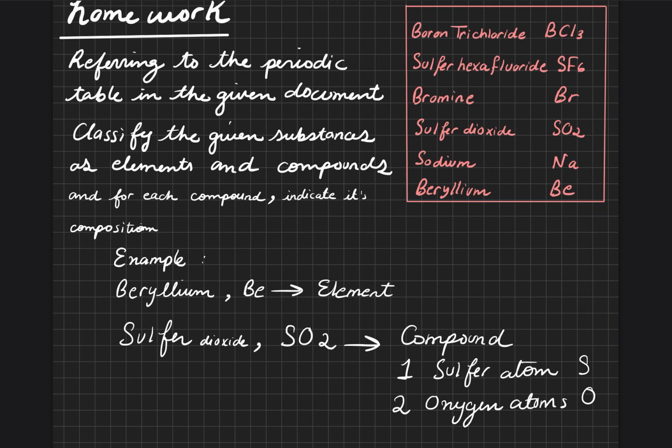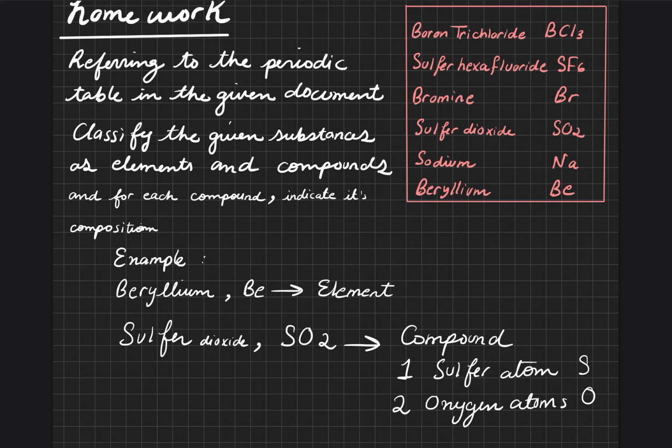And for each compound, you indicate its composition. So we have boron trichloride, BCl3, sulfur hexafluoride, which is SF6, and we have bromine, which is Br, sulfur dioxide, which is SO2, sodium, which is Na, beryllium, which is Be.